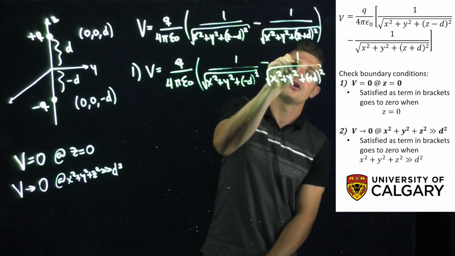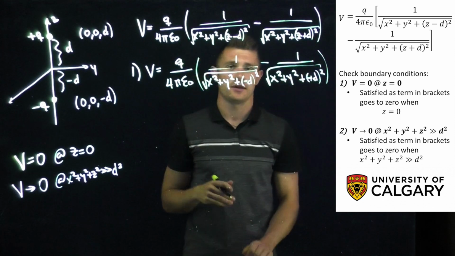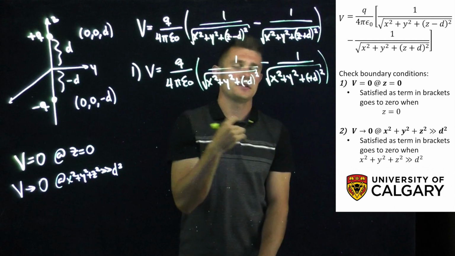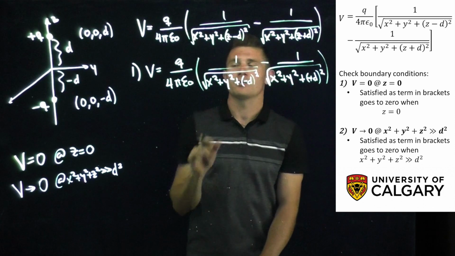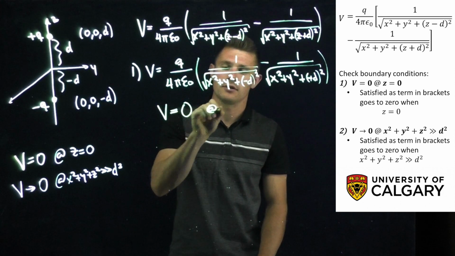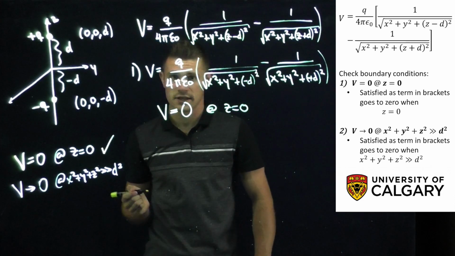So by looking at these two terms within the brackets, we can find that because negative d squared and positive d squared give the same value, this term will cancel out and just become 0. So V is equal to 0 when z is equal to 0, and the first boundary condition is satisfied.